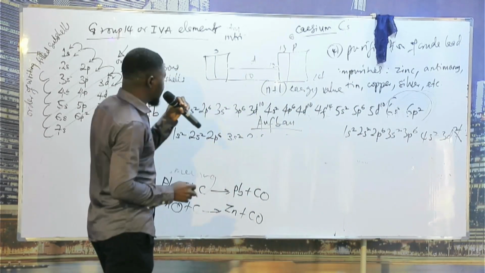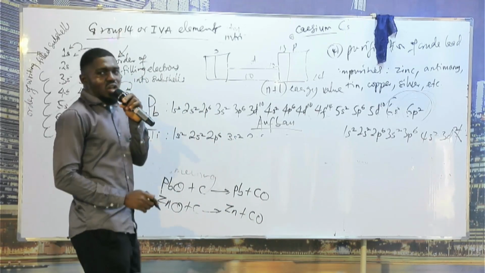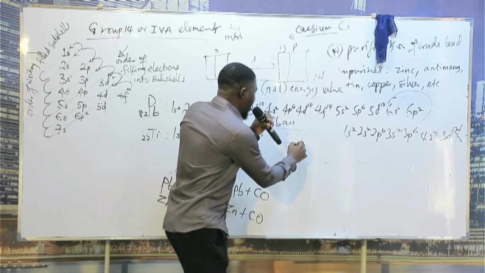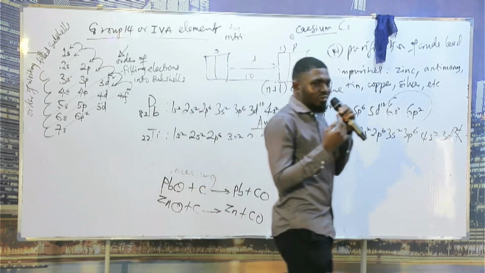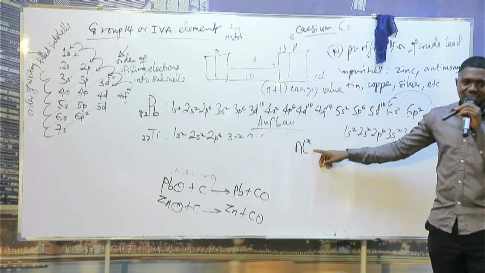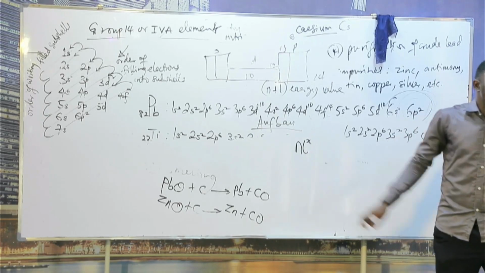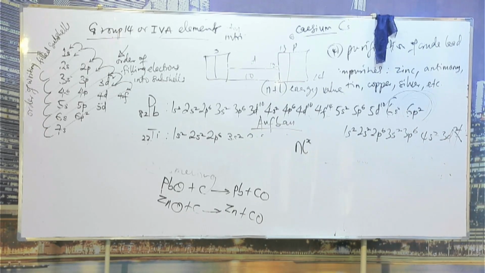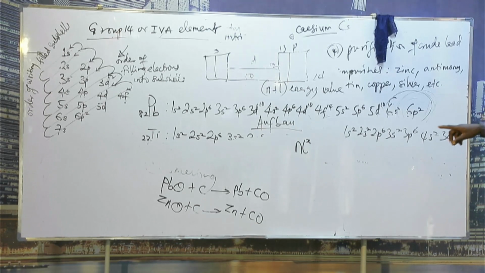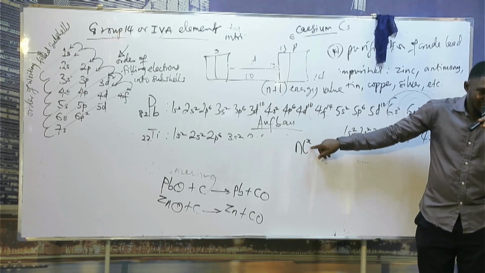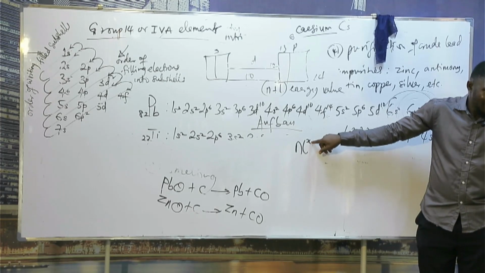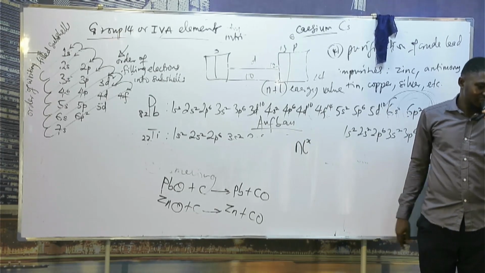Now, look at this. I want you to look up. How many of you have seen this symbol before? What is this? The general notation for electronic configuration, n l to the power x.